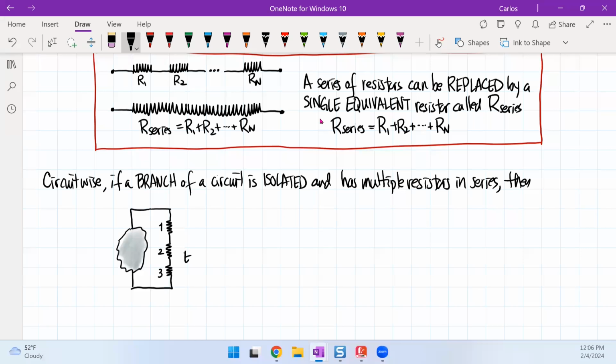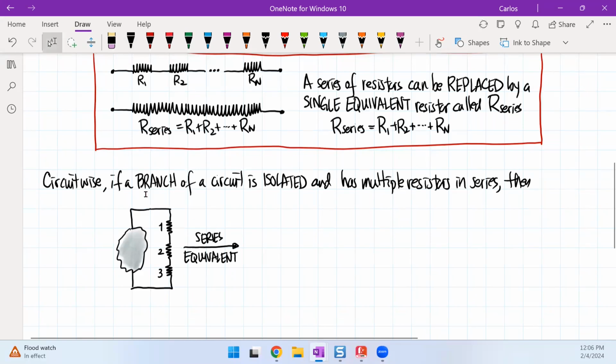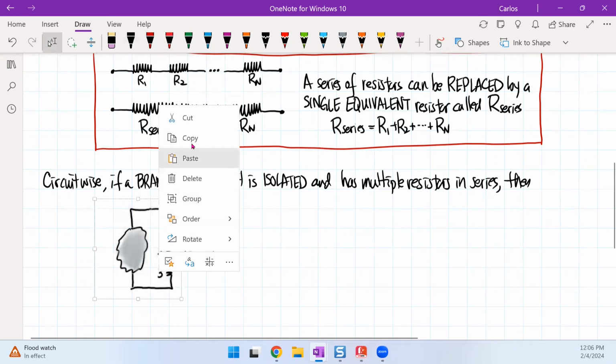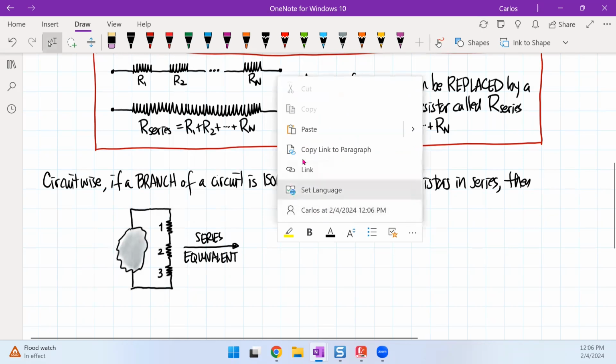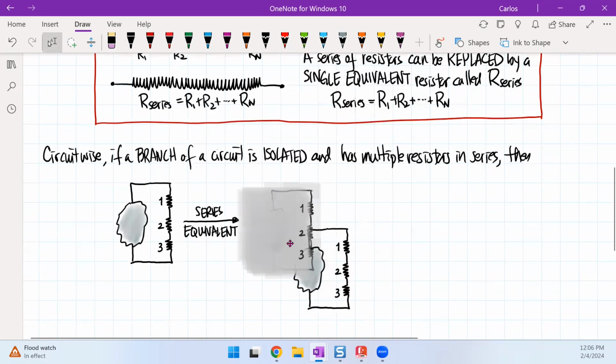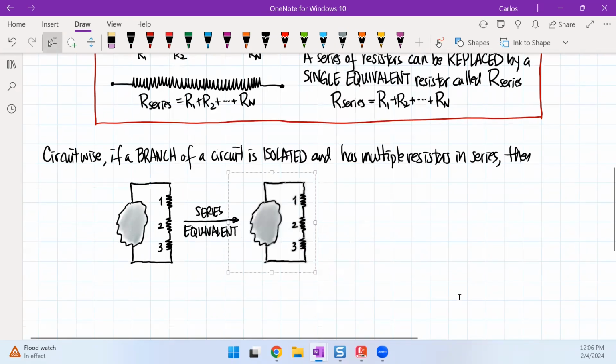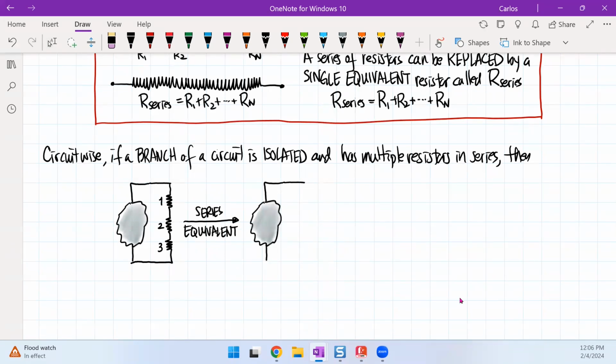Then the equivalent, maybe I should say series equivalent, can then take on this form. How about if I copy this? I can replace this circuit mathematically and conceptually by one single resistor.